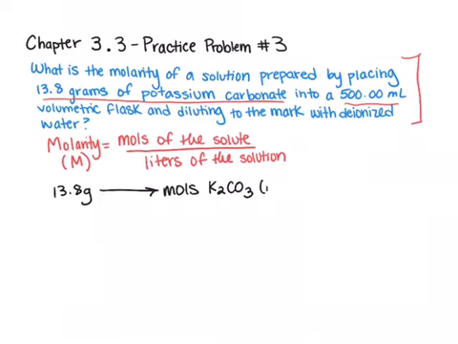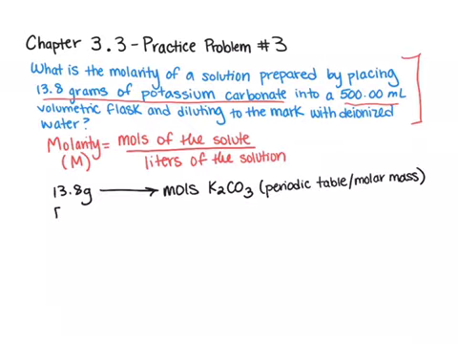And we can do that using the periodic table and the molar mass. We are also given the volume of the solution, which is both the solute potassium carbonate and the deionized water that was added. However, we were given that in milliliters.